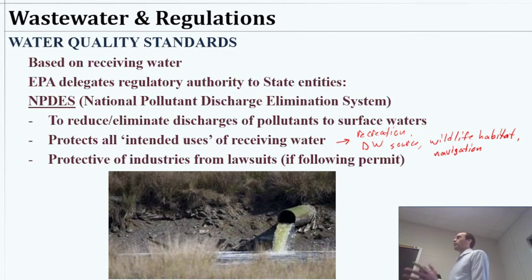So it's kind of a strange system in that regard. We actually see a great benefit for industries, even if a given industry or operator might be thinking to themselves, oh, this is so burdensome. In the bigger picture, it's actually quite protective, assuming they're following their permit, right?